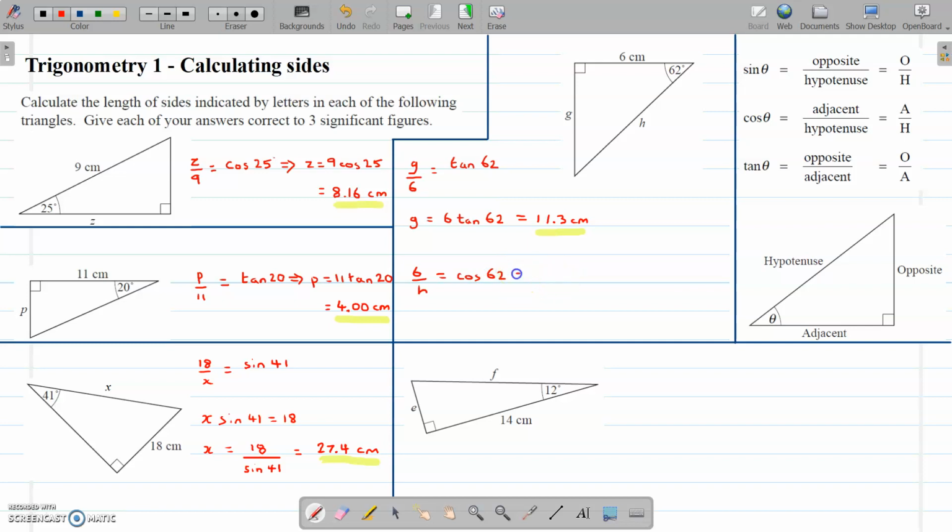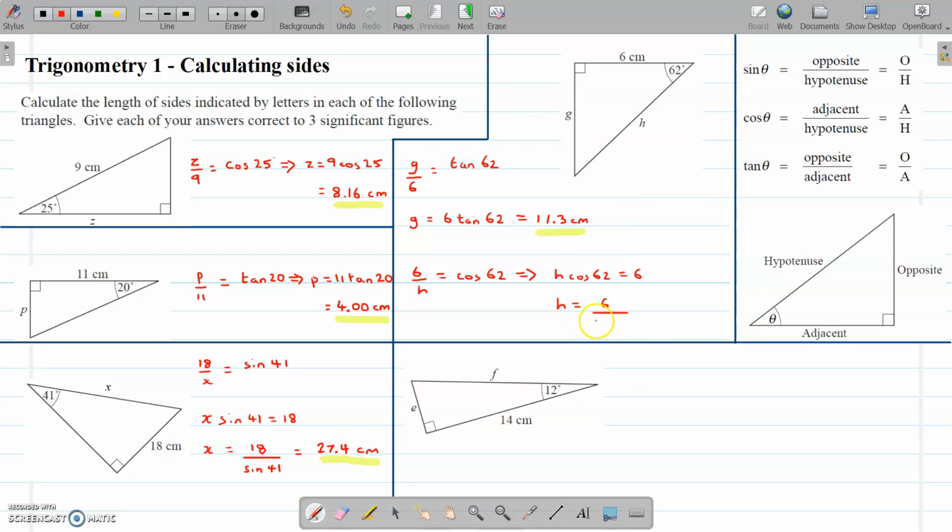Now multiply both sides by H, because again the unknown is now on the denominator. So I know that H times the cos of 62 would give me 6, and therefore H equals 6 divided by the cosine of 62.